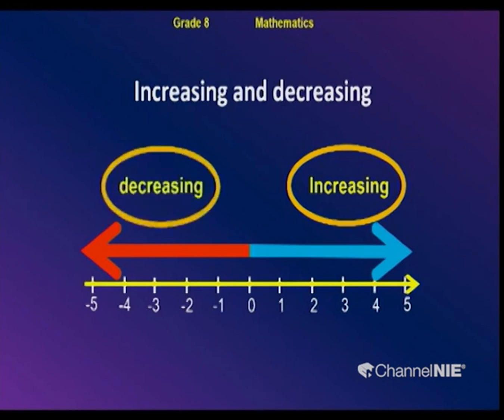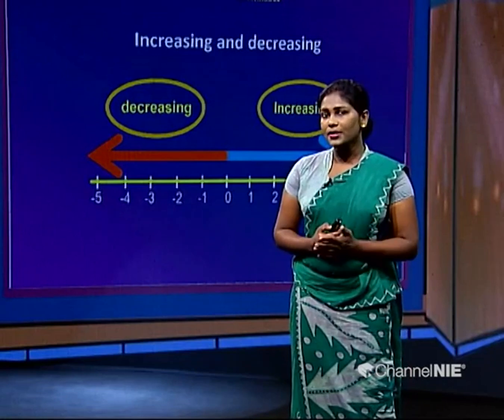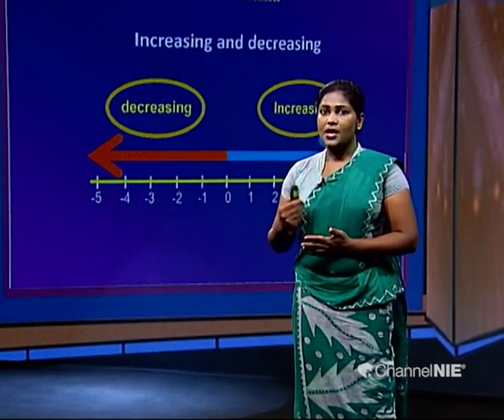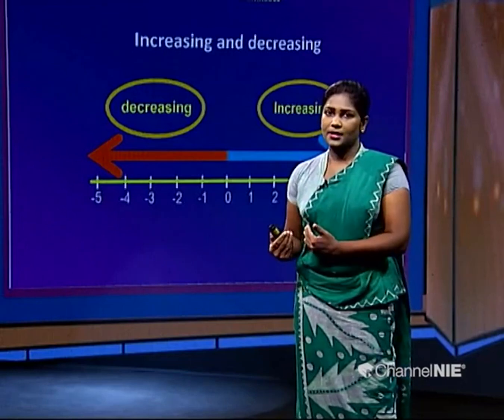Remember it. On a number line, the values of the numbers increase from left to right, and the values of the numbers decrease from right to left. I hope you are clear to understand that.